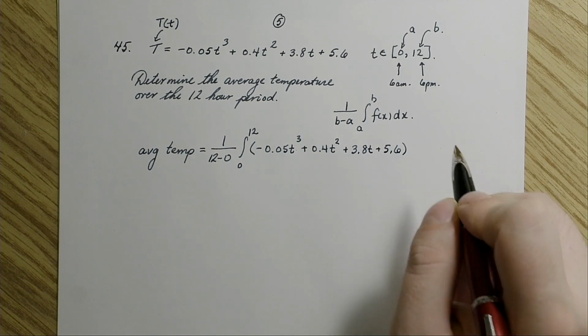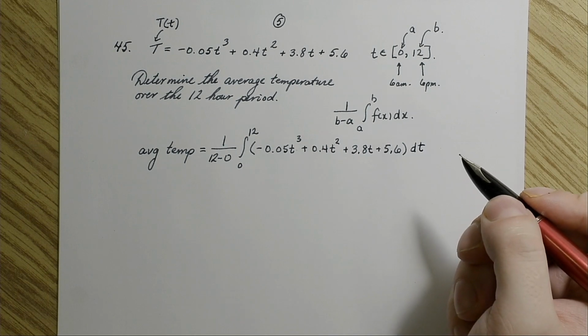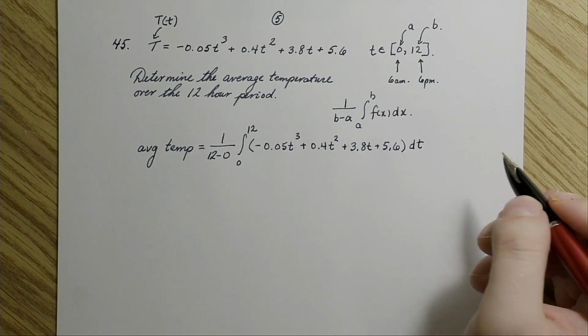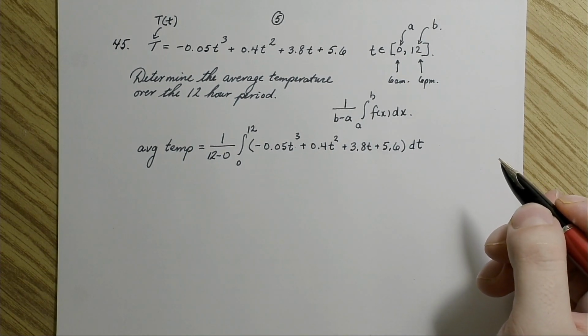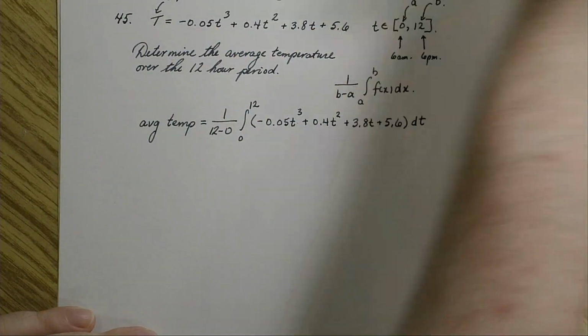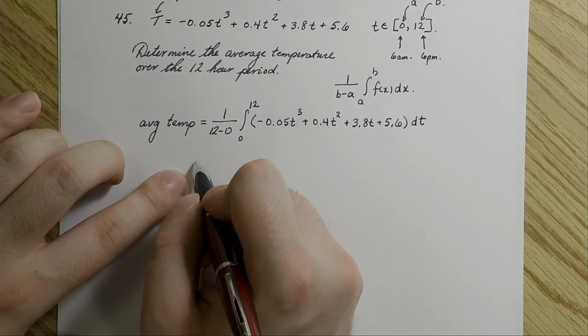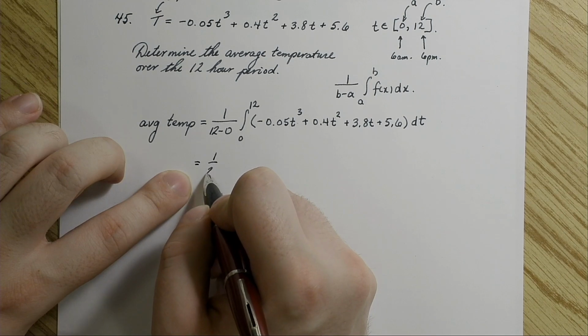And then I almost wrote dx, but it's dt, because that is our variable of integration that we're working over, so we're working with time. And this one kind of requires a calculator.